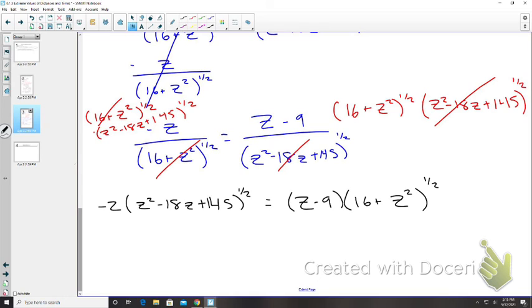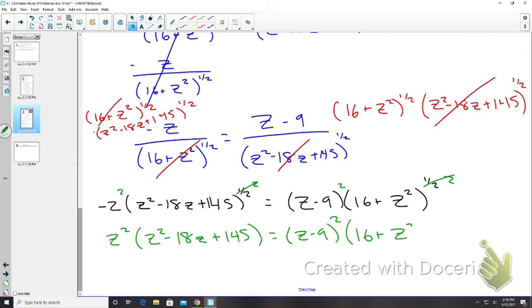So what are we going to do here? Let's square everything on both sides. My 1 over 2 exponent and my 2 exponent cancel. So this will leave me with z squared. Negative z times negative z is z squared, bracket z squared minus 18z plus 145 is equal to z minus 9 squared, 16 plus z squared.